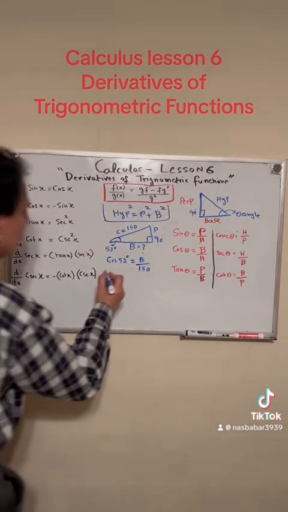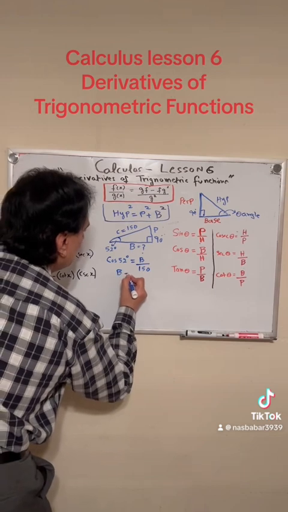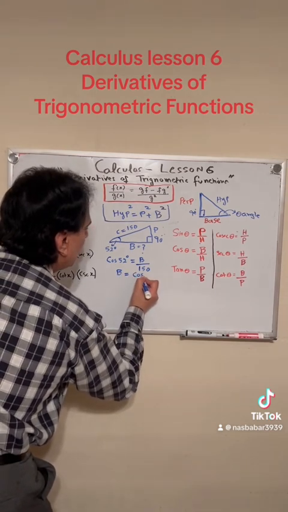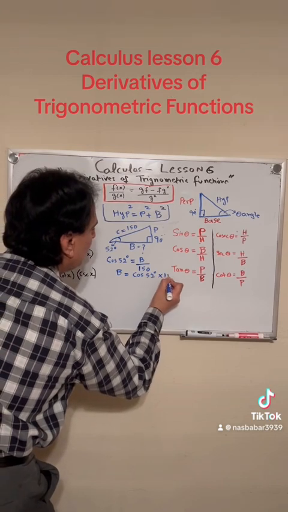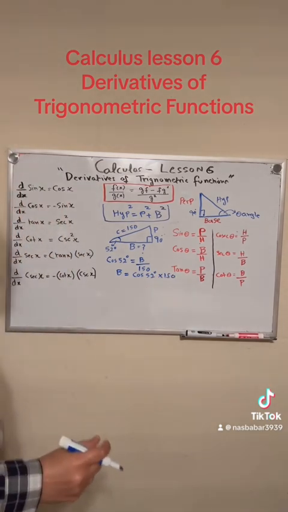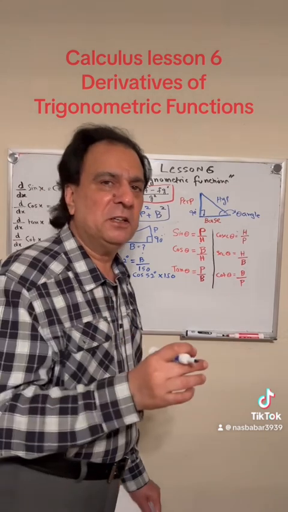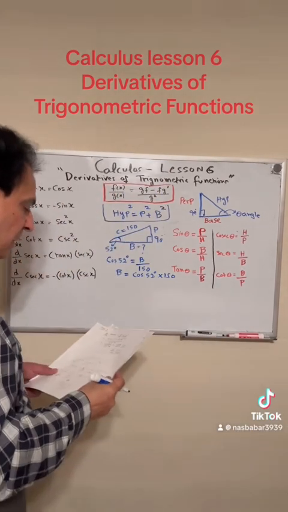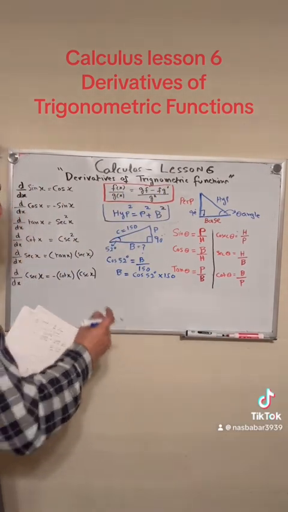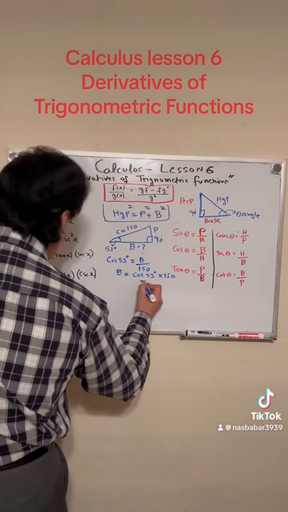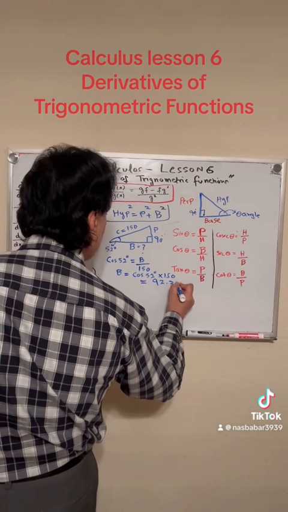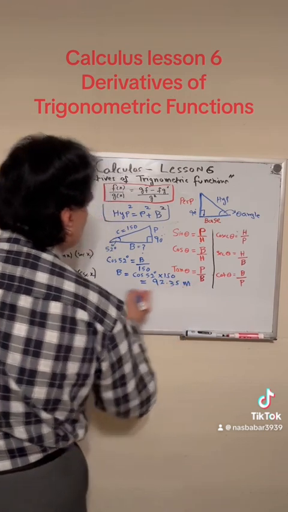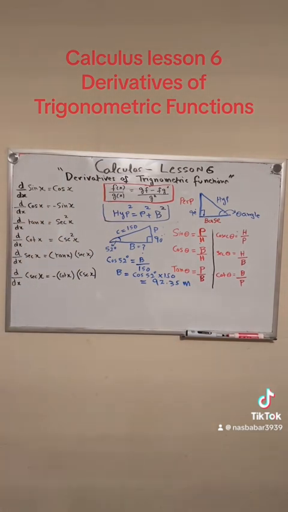So then base would be equal to cosine of 52 degrees times 150. Now you have to check your calculator and find out what the cosine of 52 degrees is. But once you solve this, the answer is 92.35 meters.